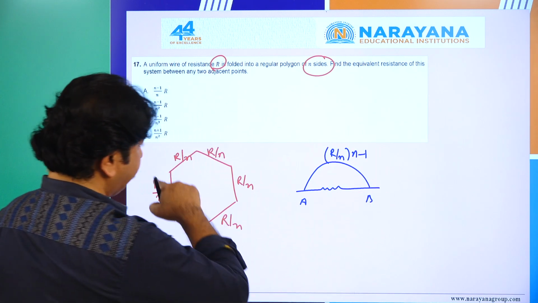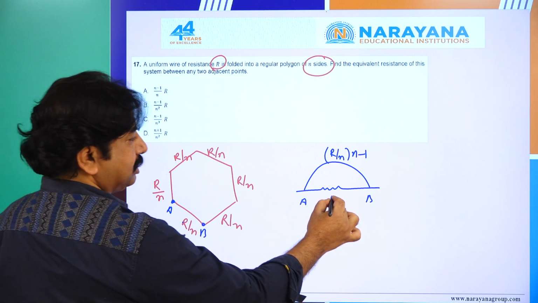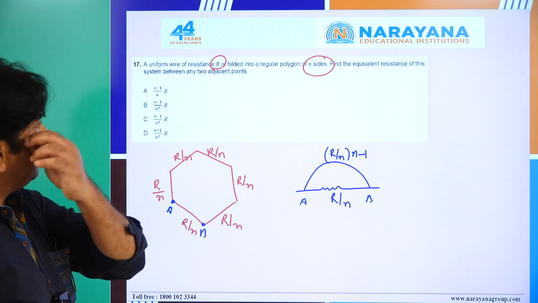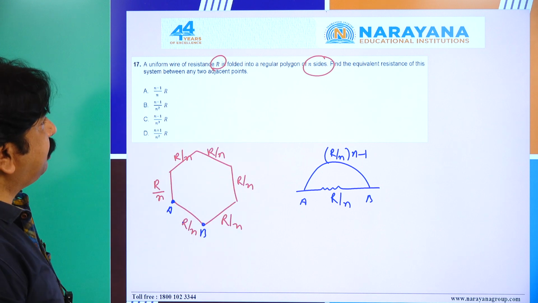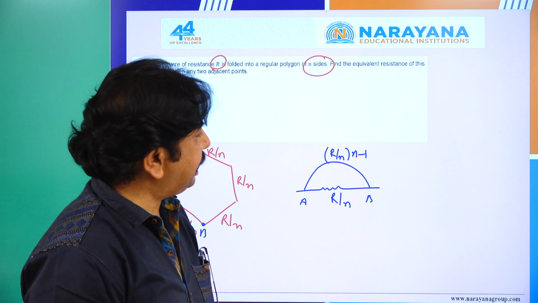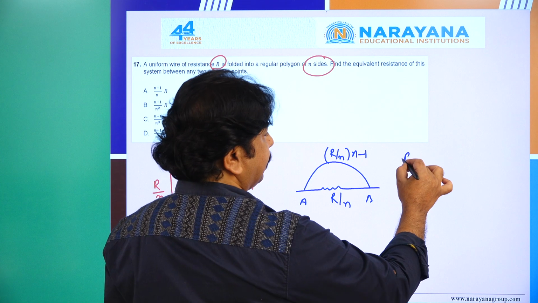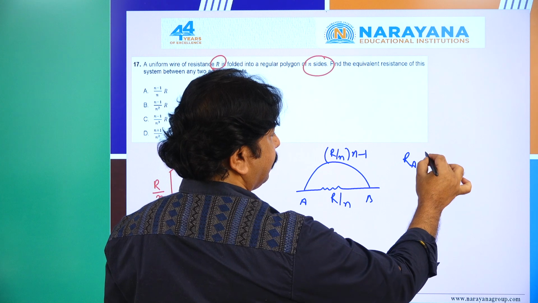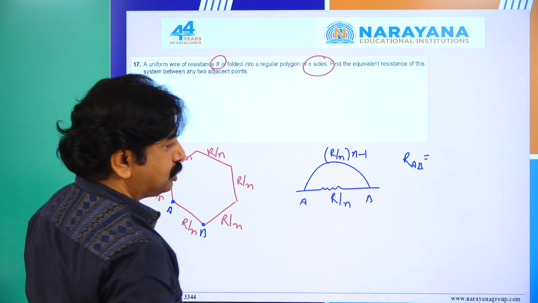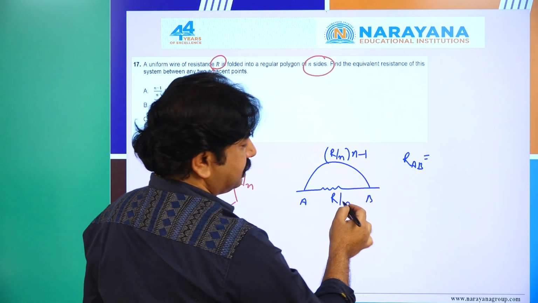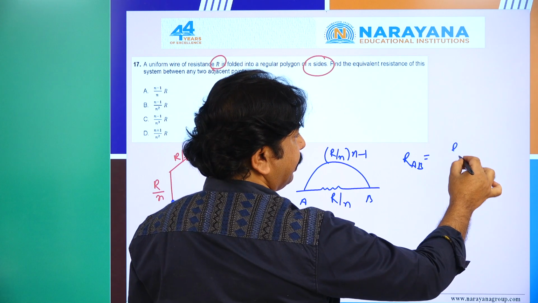Now, between any two adjacent points, they are asking for the equivalent resistance. So R across AB should be equal to the parallel combination of those two. One is R by n, another one is this one only.